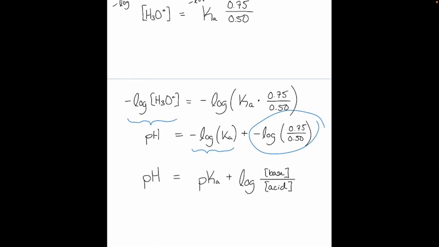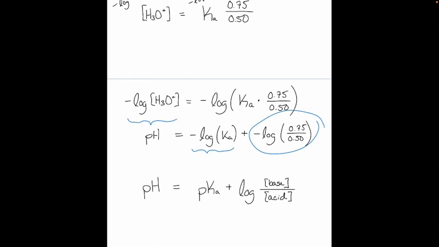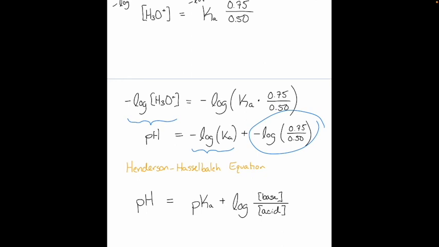All right, so using that Ka expression and that ICE table, that same strategy that we did before, we've kind of arrived at this formula here. This is what's called the Henderson-Hasselbalch equation. Anytime we have a buffered solution, we can use this equation here.